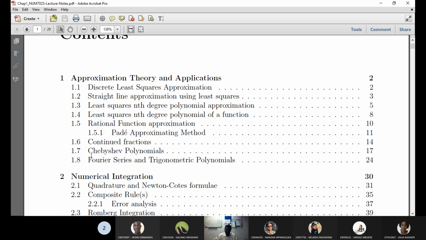And after Chebyshev polynomials, we will tackle Fourier series. Fourier series is mainly important when it comes to things like digital signal processing. It has a lot of application in digital signal processing. It also has a lot of application in electrical engineering.